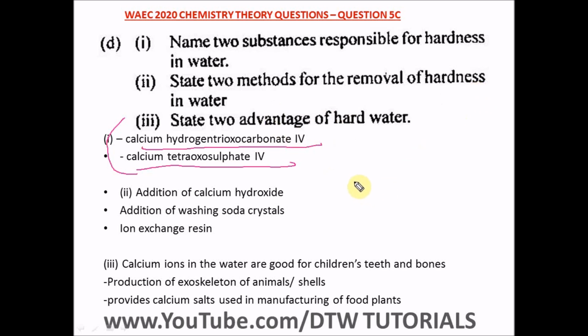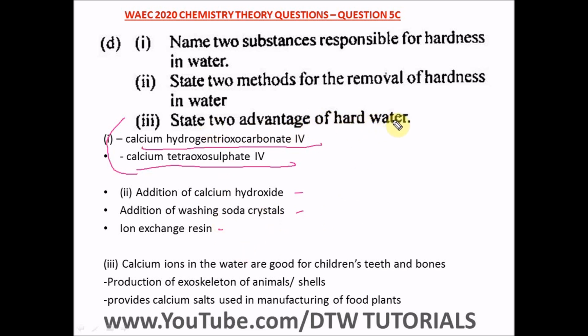We know we can remove temporary hardness by boiling, but when you have permanent hard water, how do you remove that? You add calcium hydroxide. So adding calcium hydroxide to water removes what? Its hardness. You can also add washing soda crystals or use ion exchange resin, where there is exchange of ions, and these calcium ions are removed. Okay, so these are methods by which you can remove hardness of water.